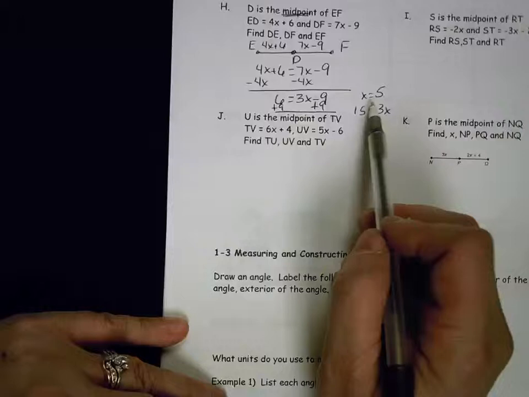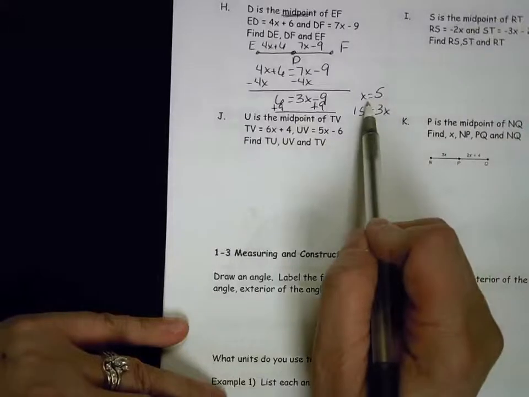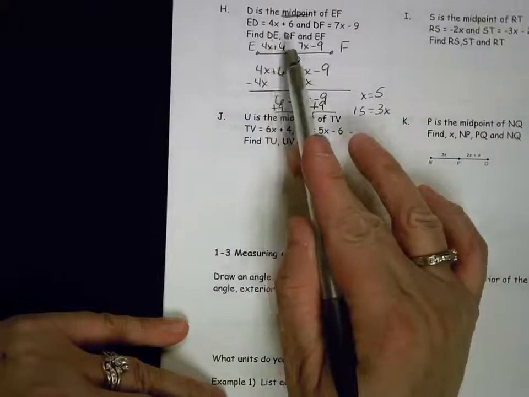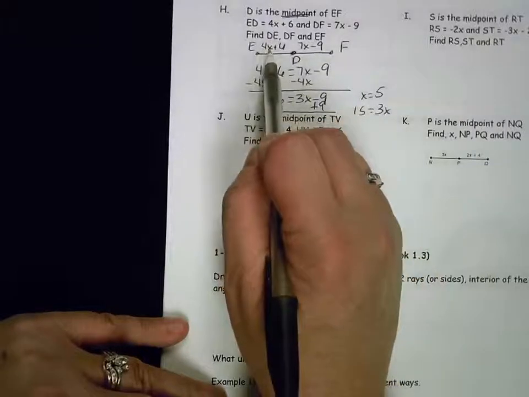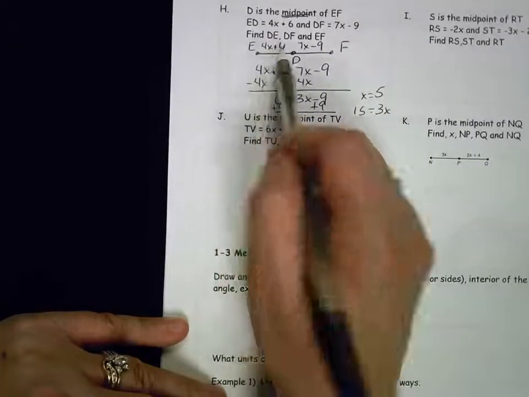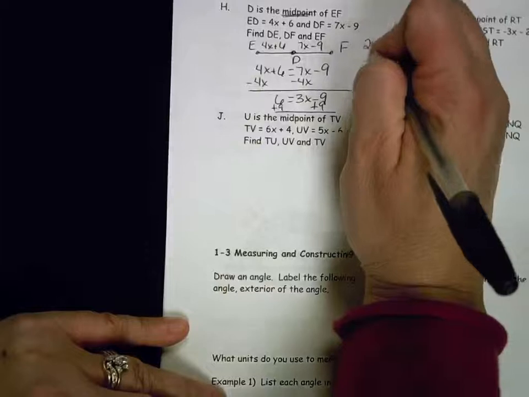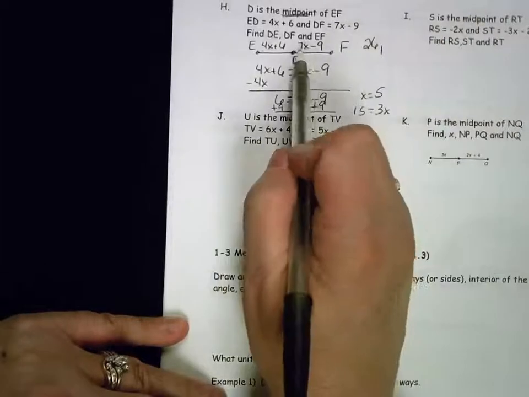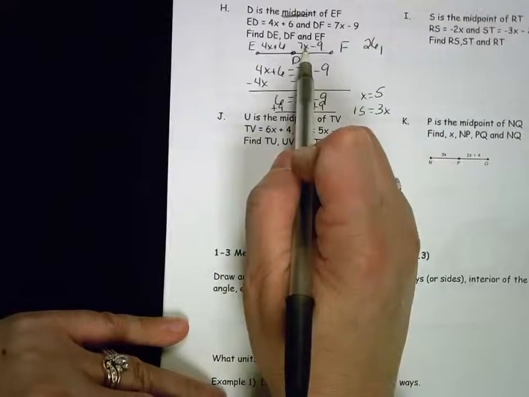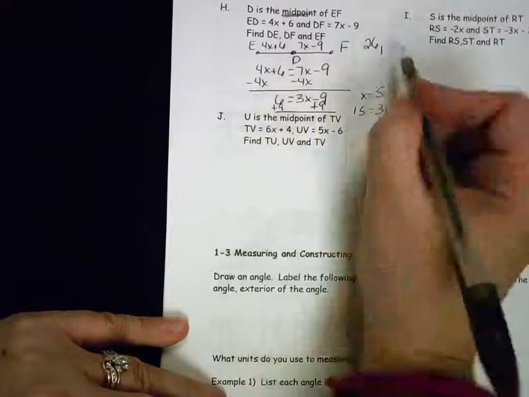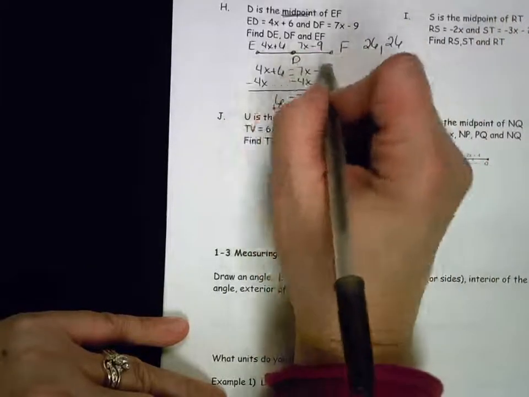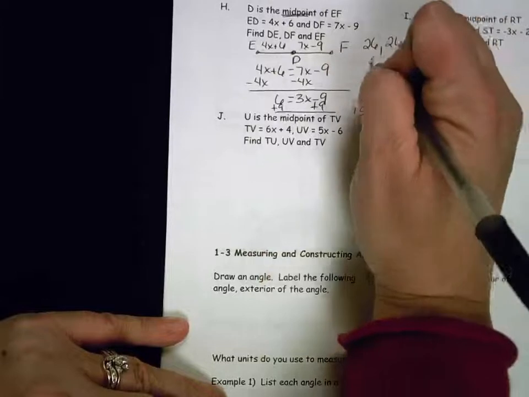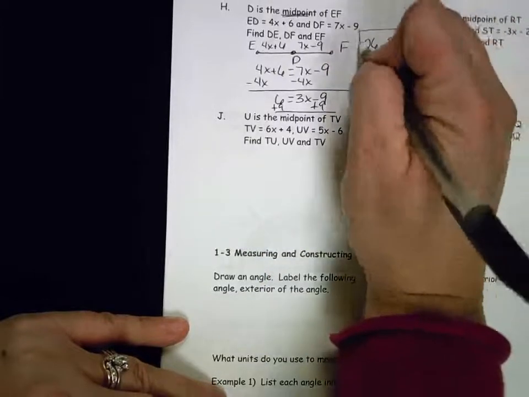And if x equals 5, we have to find these three distances. 4 times 5 is 20, plus 6 is 26. 7 times 5 is 35, minus 9 is 26, and then the whole thing, 26 plus 26, will be 52.